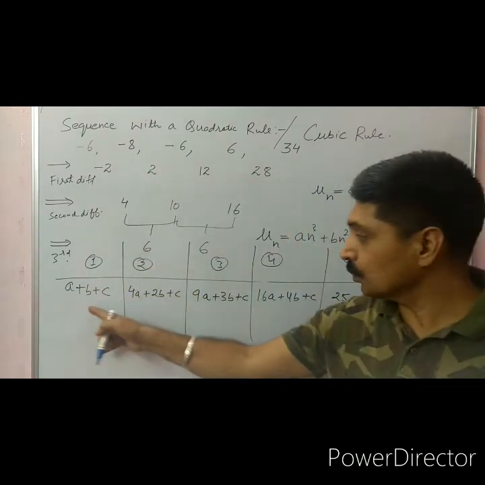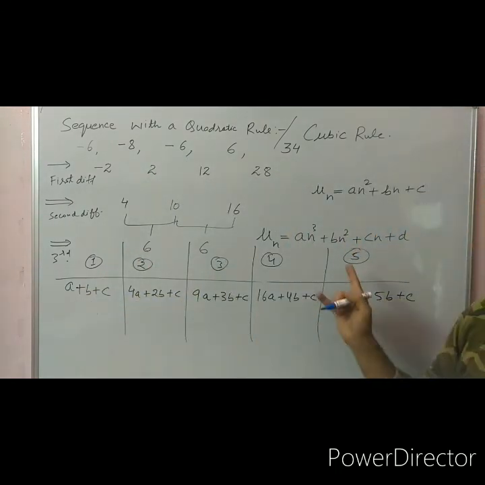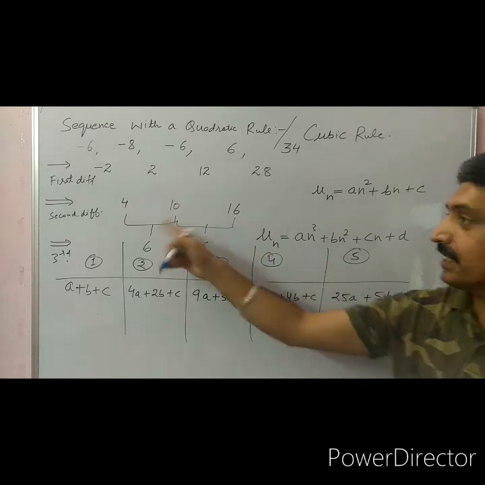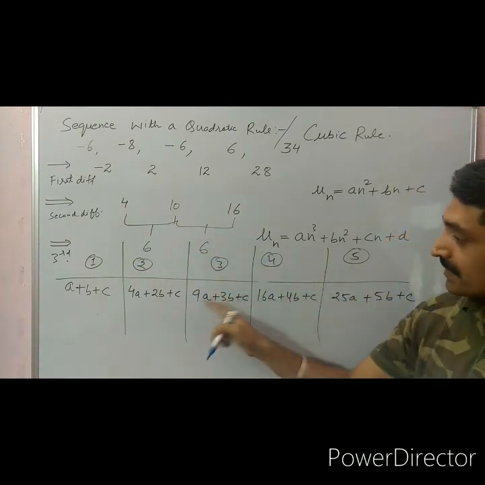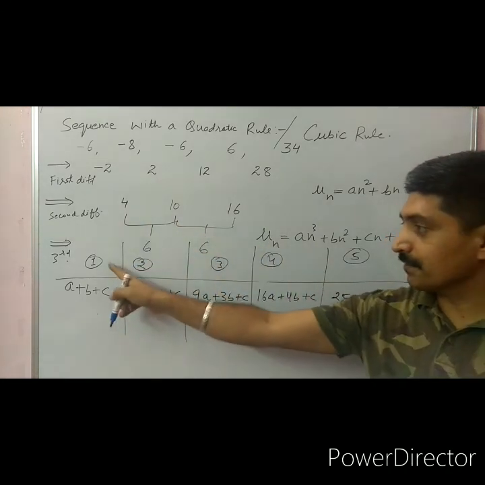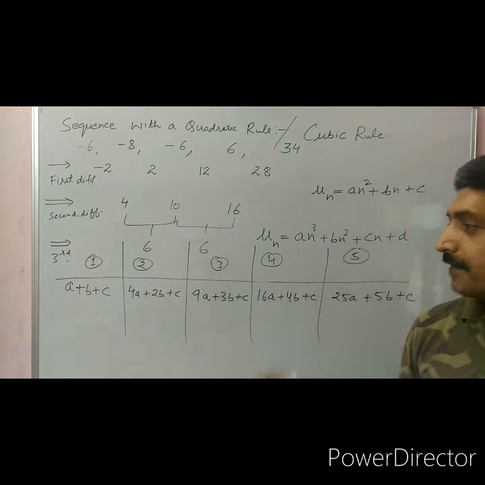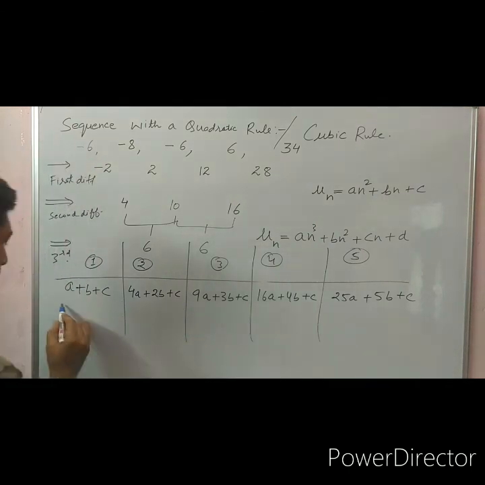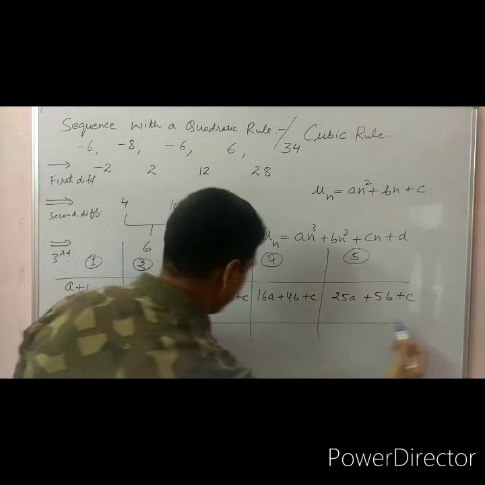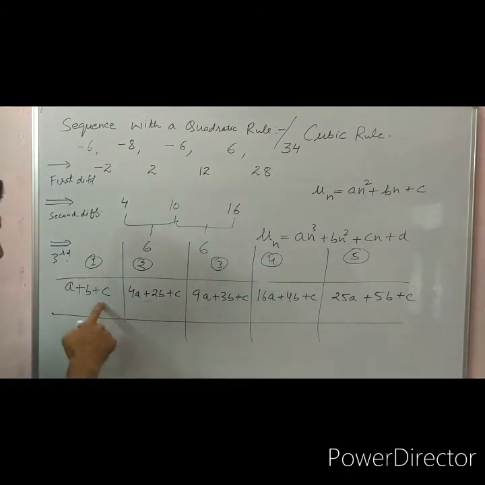This is the rule for the quadratic when the second difference is the same. These are the first, second, third, fourth and fifth terms, and if we go for their differences, the difference of the first two is 3a plus b.